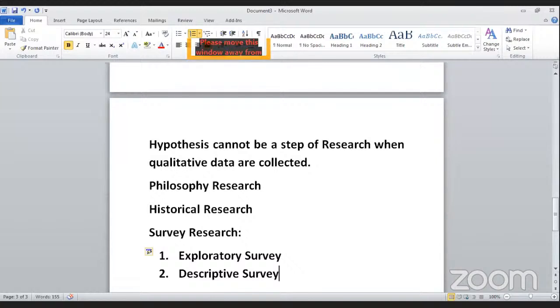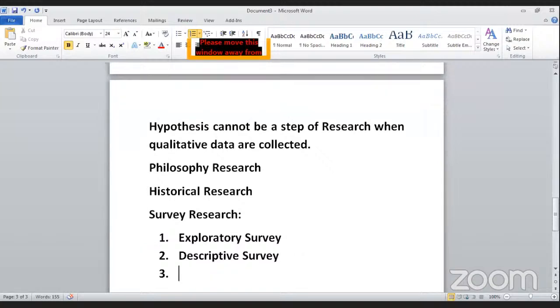Like in many researches where you want to study ethnography, when you are conducting the research, it is purely a descriptive type of research.